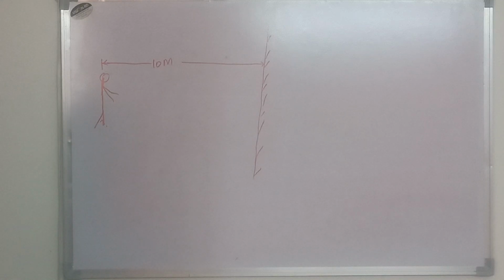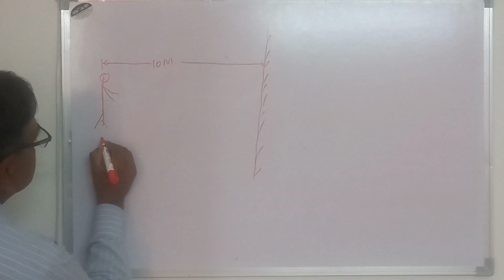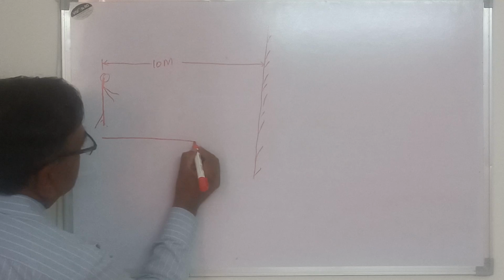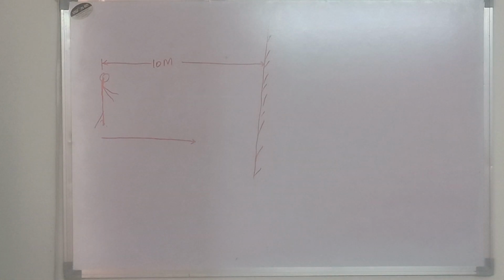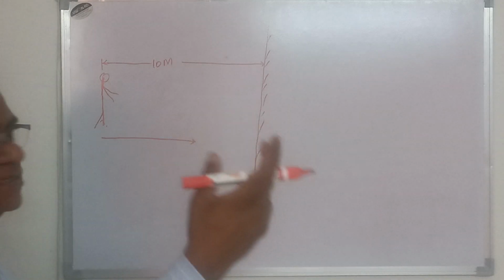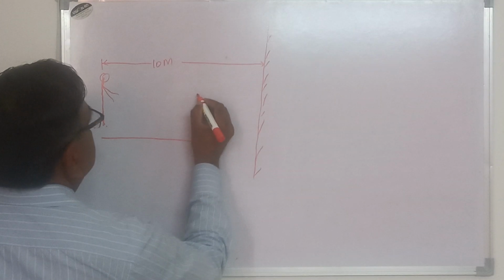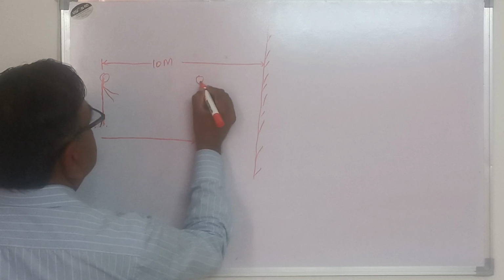The question is how much he should walk in this direction, so that the distance between the man and his image is 5 meters. So the man reaches here.